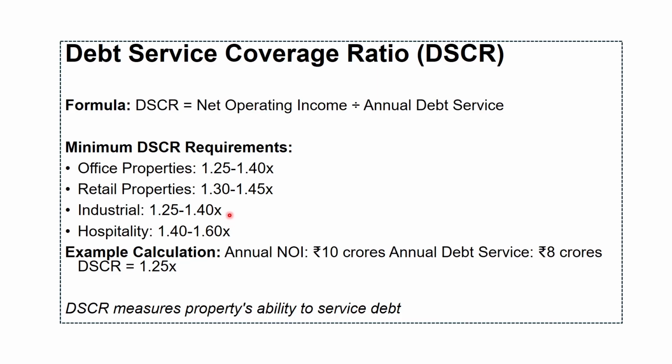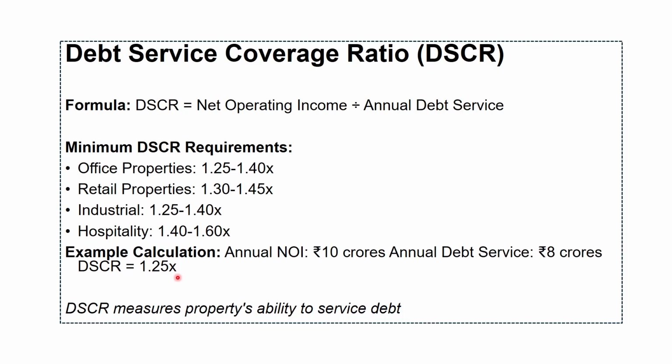In residential rental, we had seen an example of 0.45, which was unacceptable. Here we have a Bangalore office with 10 crores NOI and 8 crore debt service, and this has a DSCR of 1.25, which meets the minimum.